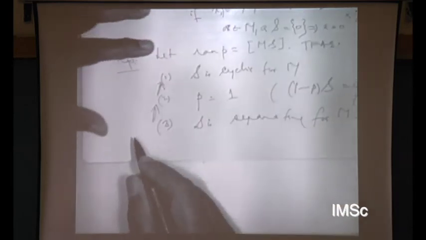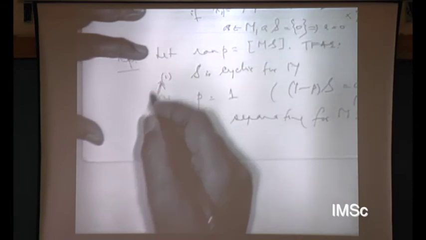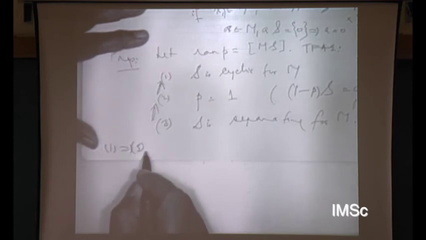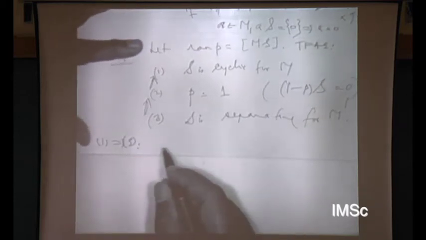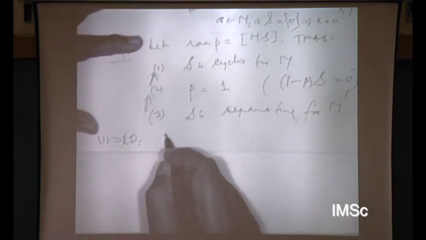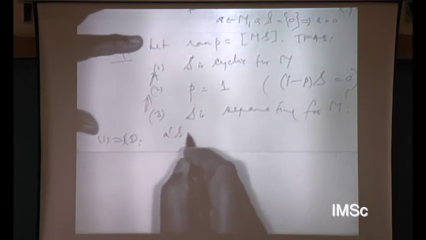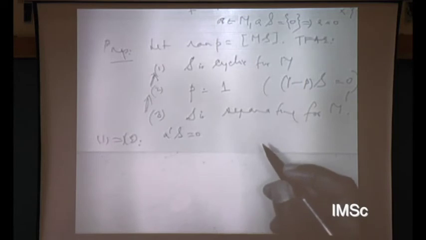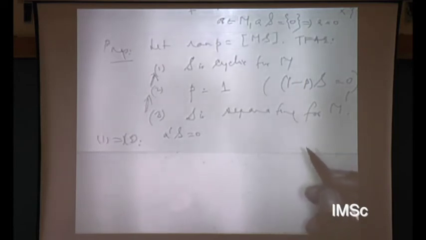So let's prove 1 implies 3. If A prime S is 0, for some A prime in M prime, I want to say that A prime must be 0.